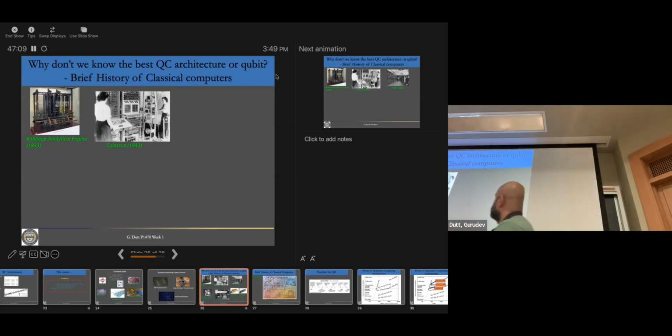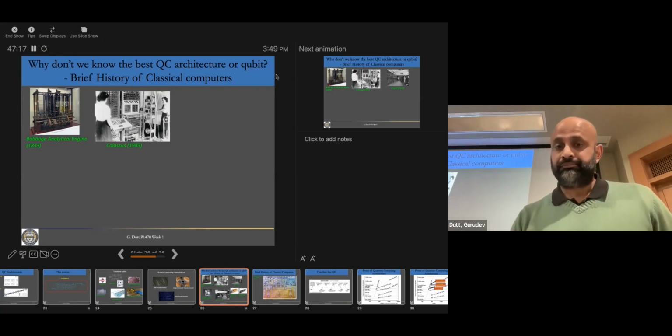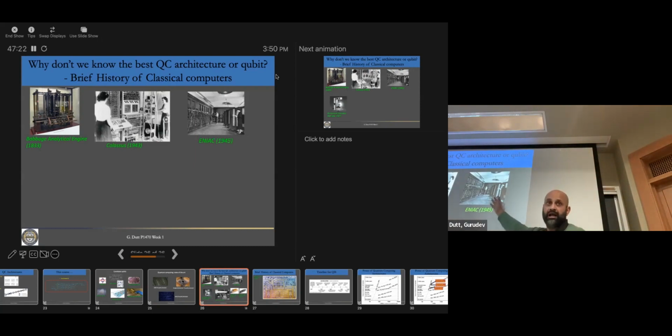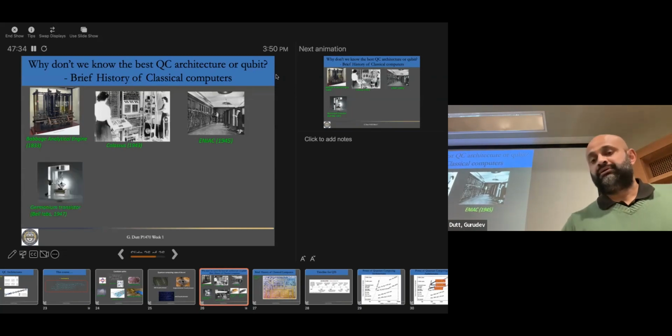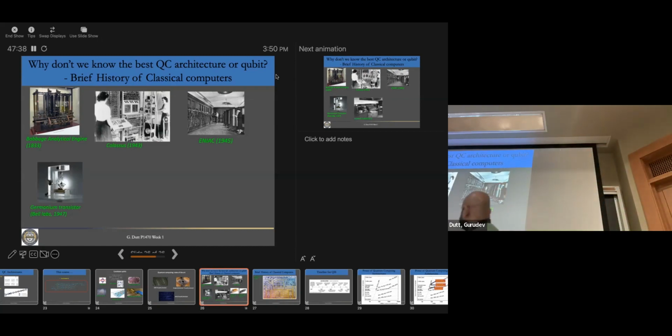It was created for the purpose of breaking codes in World War II, but it had all the trappings of a modern computer. And then the first general purpose programmable computer was ENIAC, 1945. So that's almost 100 years just to get to something that begins to look like what a modern computer does, right? And then we had the invention of the first transistor.